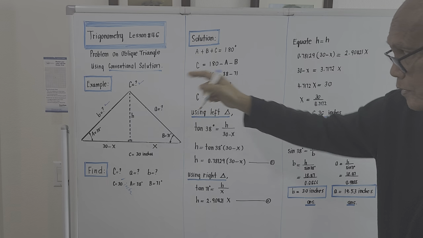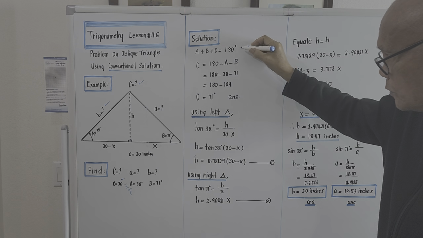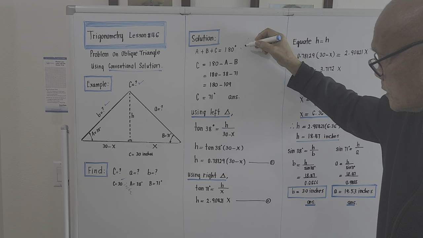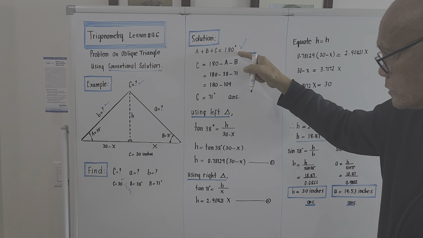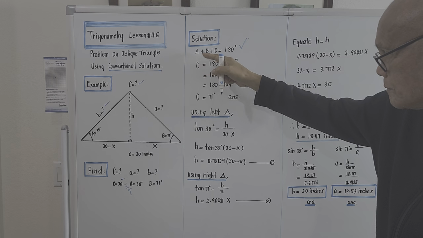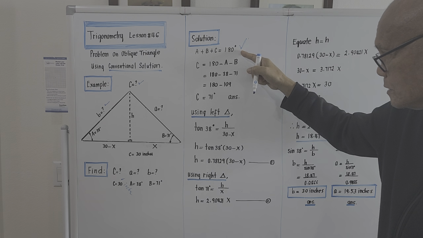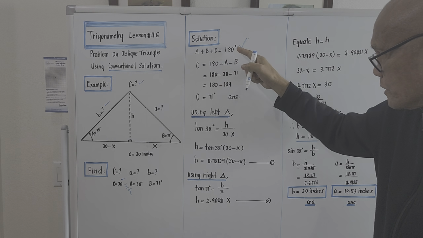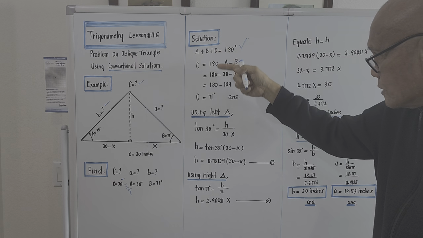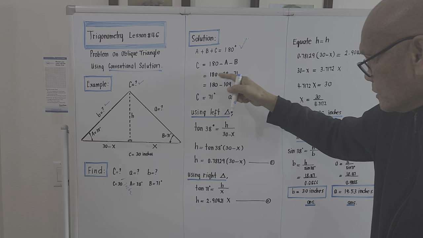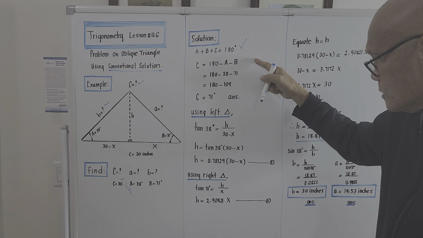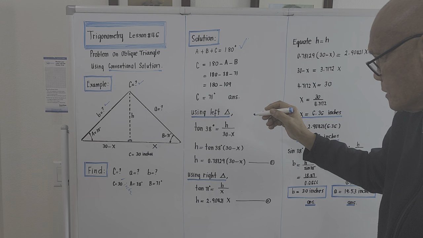We'll try to compute for angle C. We will be using this formula: for any oblique triangle, the sum of the interior angles is 180. So angle A plus B plus C is 180. Angle C now will be 180 minus the values of A and B after the transposition. So this should be 180 minus 38 minus 71, or 180 minus 109.